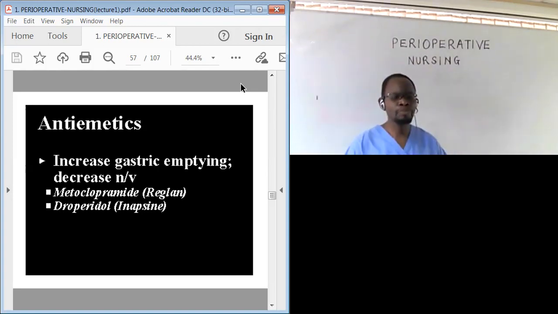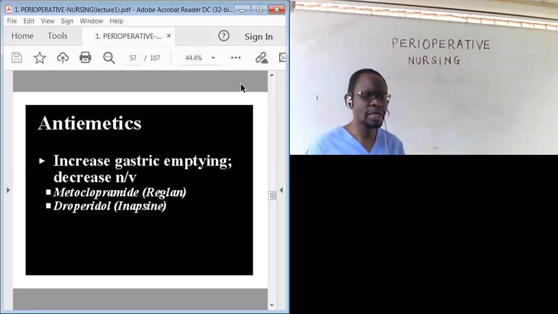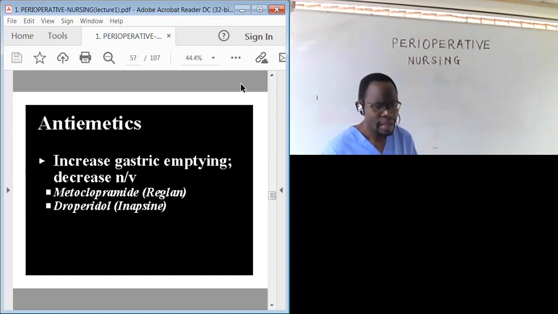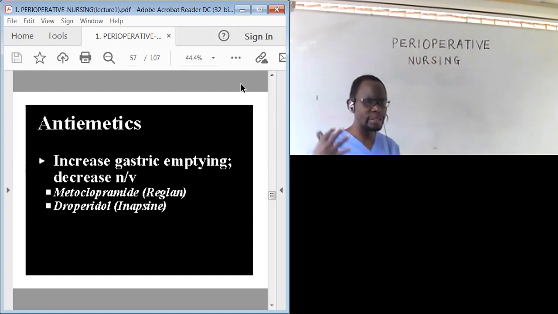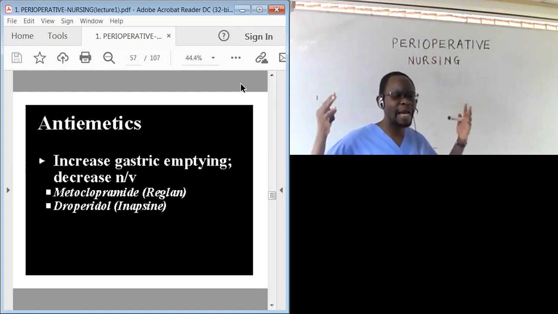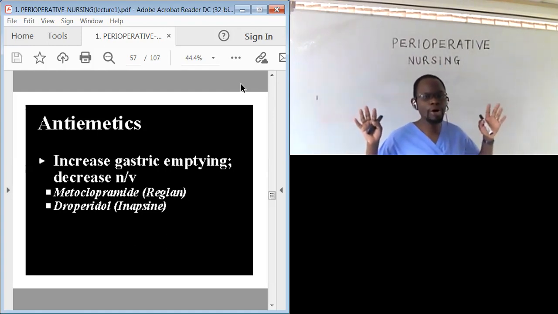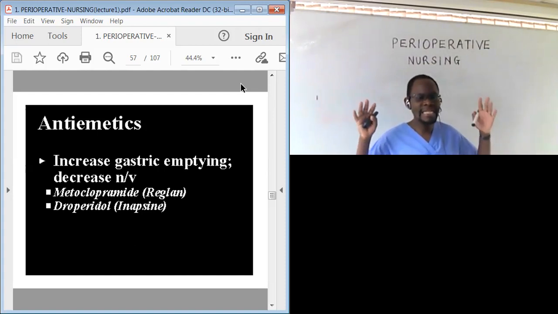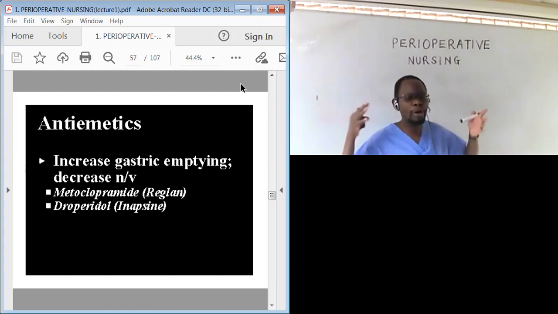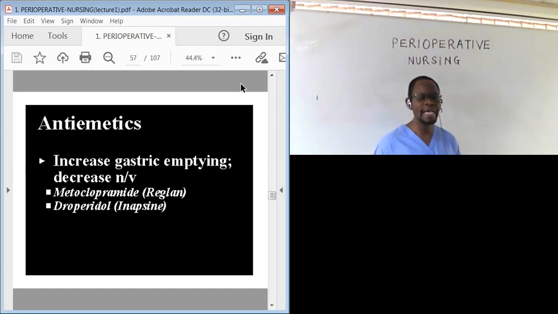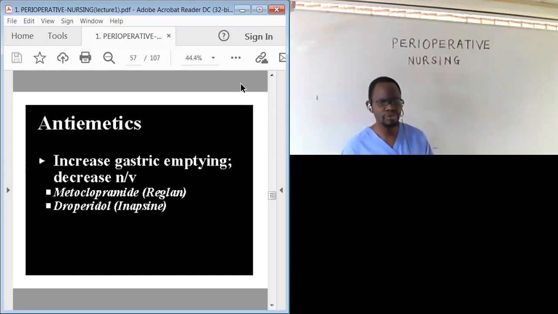Of course, depending on the surgeon's discretion and also hospital policy, some surgeons go ahead and give antibiotics as preoperative medication.